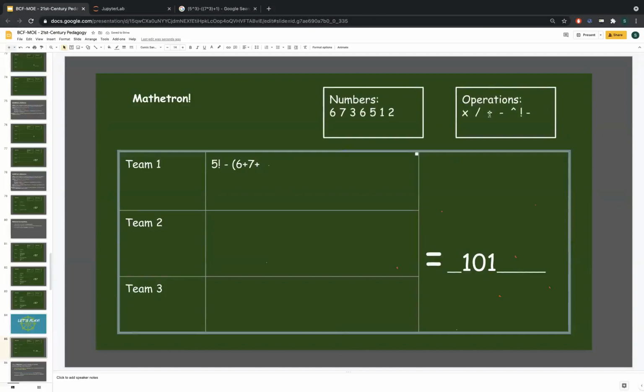Oh, sorry, sir. This is tricky. So I added 1 more subtraction operator. I added 2, so hopefully that will make it easier.